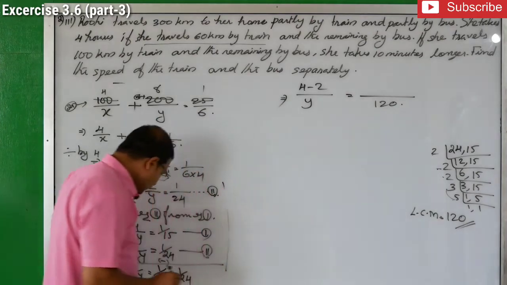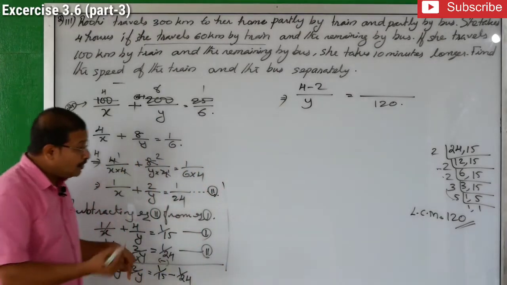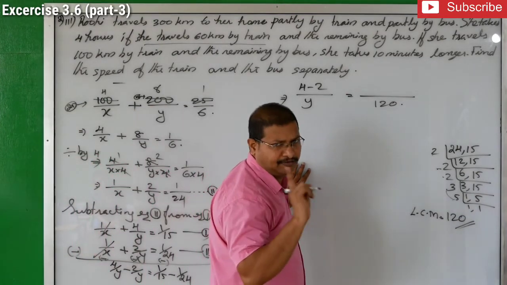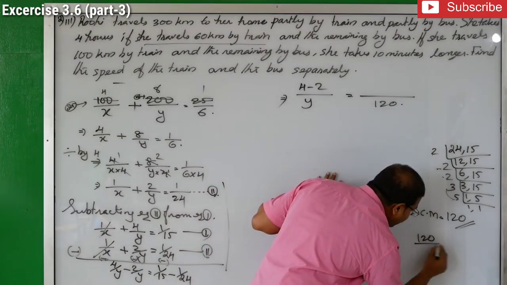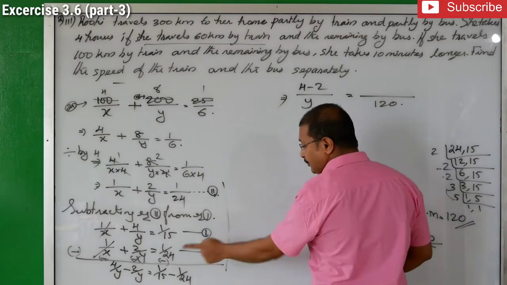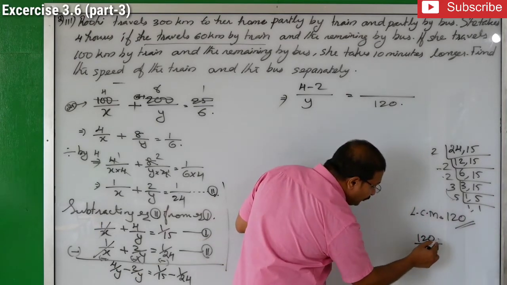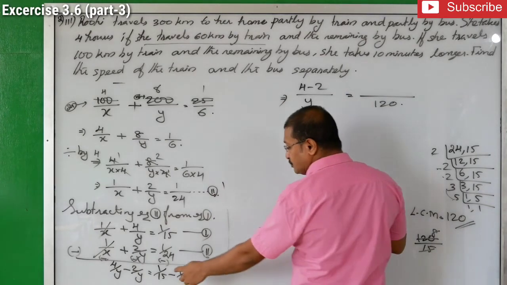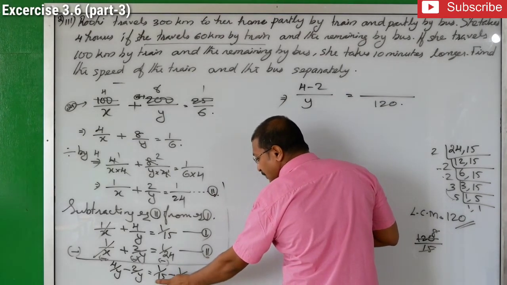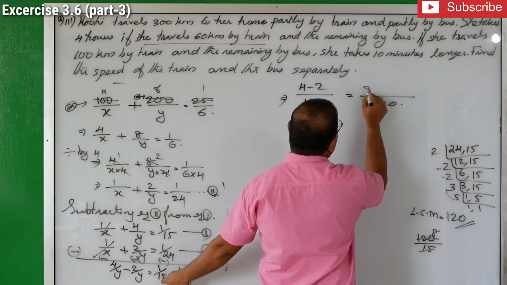After that, what you will do? Here the denominator is 15. So 15 into how much you will get 120? Actually 8, or if you have doubt, you have to take 120 divided by this denominator 15. When you cancel, you are going to get 8. Ready? So I am writing here direct 8. So 15 into 8 you will get 120. That means you will write 1 into 8, that is 8.